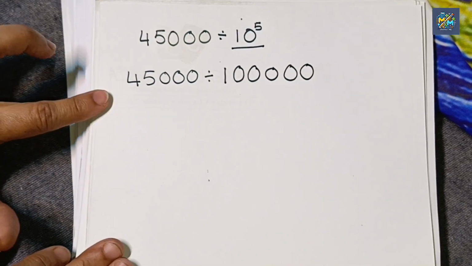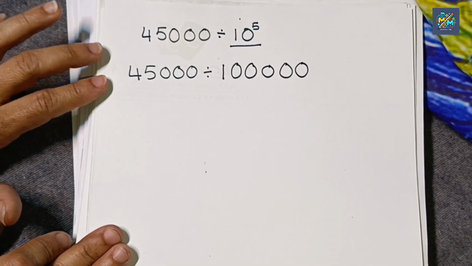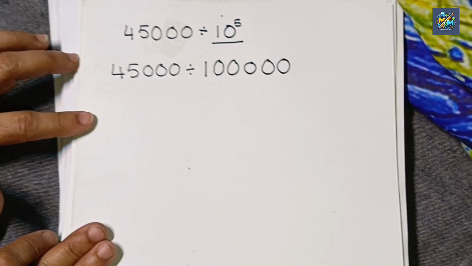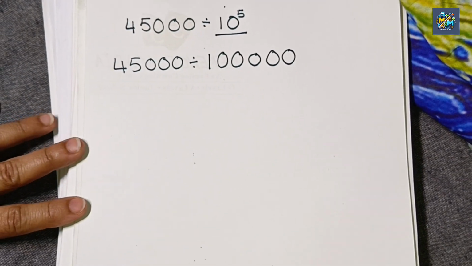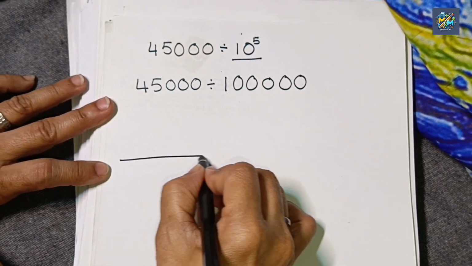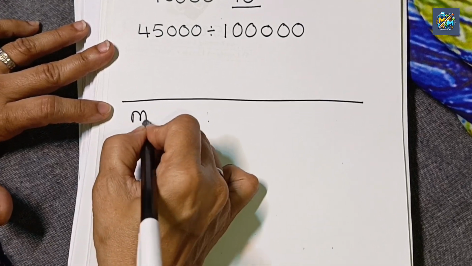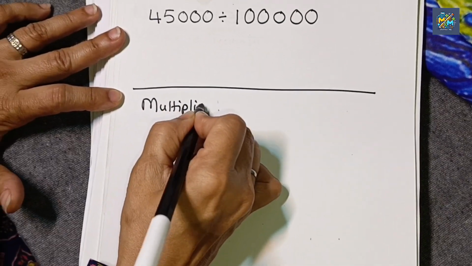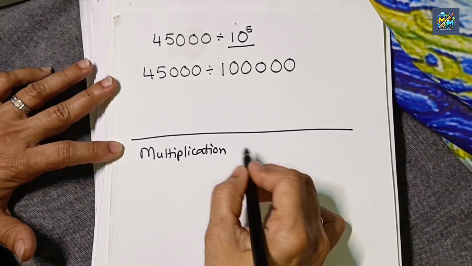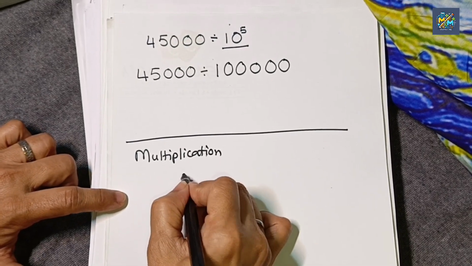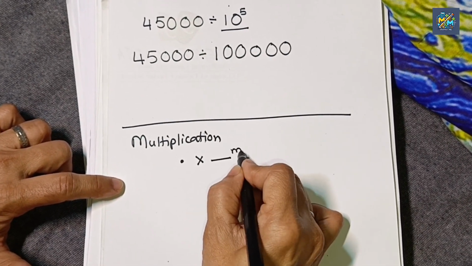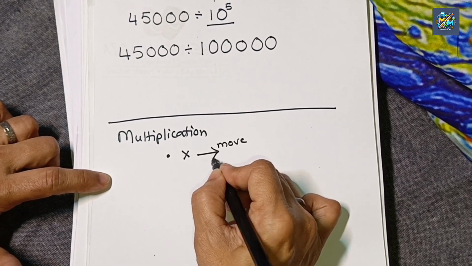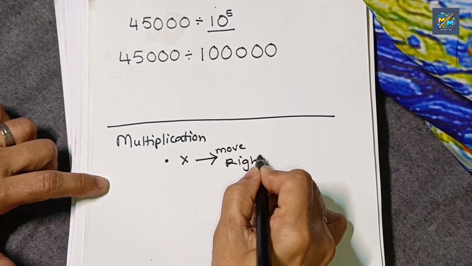Easy? Up till here I hope you might have understood the method and the way of doing this. Now keep one thing in your mind. I'm just writing something. Whenever we are talking about multiplication, so when you see a decimal with a multiplication sign, your movement will be towards your right.